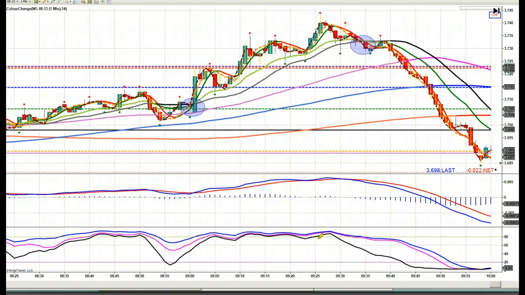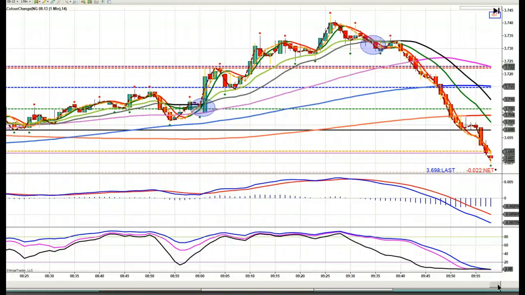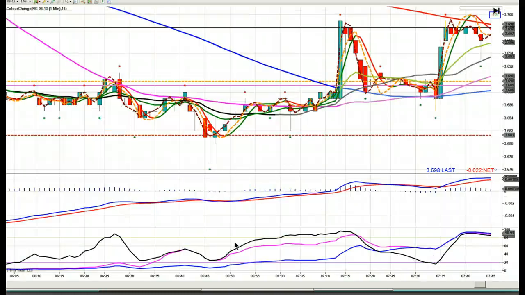If the MACD is below the 0 line, then we're looking for an opportunity to go long. We know that the market's about to reverse. So here the MACD and the stochastics are below the 0 line, and this is below the 80 line, so we're really looking for something to go long. Now this is in the early hours of the morning, so there's not a whole lot of trading going on there.